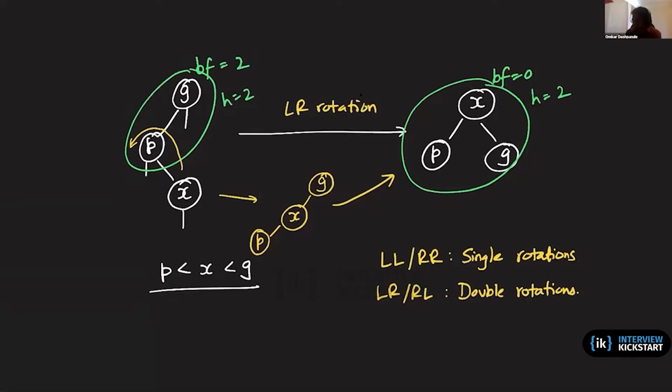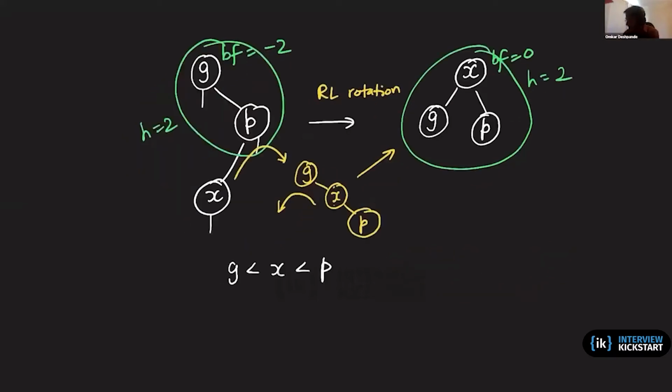Now, this is something we did for the grandparent, but we can actually do exactly the same thing for any ancestor. If we had to do this single or double rotation at the grandparent, things would be over. We would stop there because the height of the subtree rooted at the grandparent has not changed.